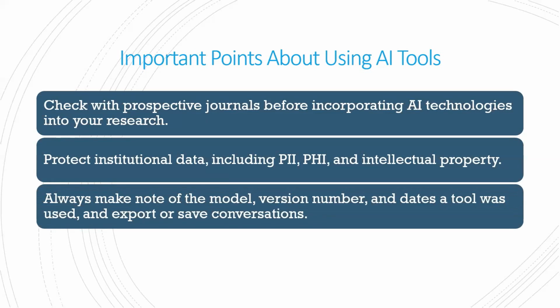Always make note of the model, version number, and dates a tool was used, and export or save conversations. As we've seen from the associations that we looked at, all of them want you to include the model name and the version number. AMA and JCO want the dates. AMA doesn't want the date, but I would always make note of those things.